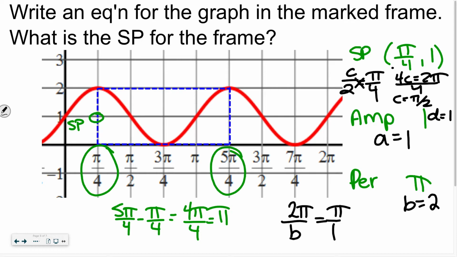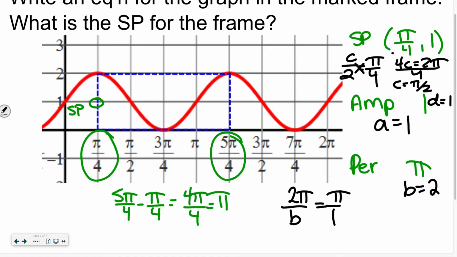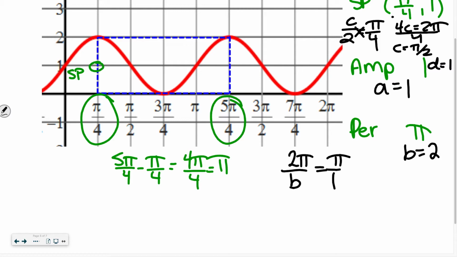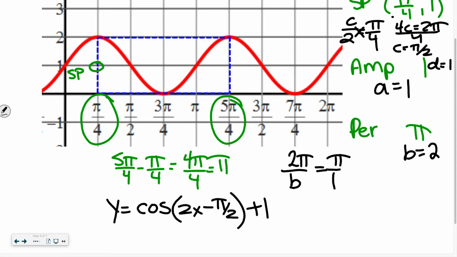Okay. So then when I write my equation, I would say something like y equals 1 times cosine of Bx, that would be 2x. Will it be minus pi halves or plus pi halves? Minus the C, which is positive, so then it will look like a negative, and then a plus 1.